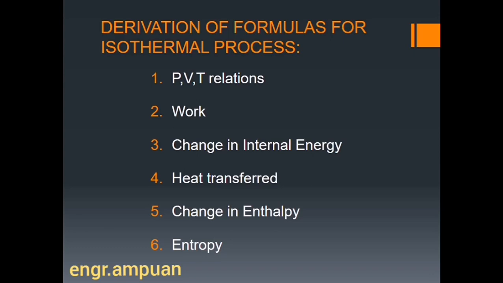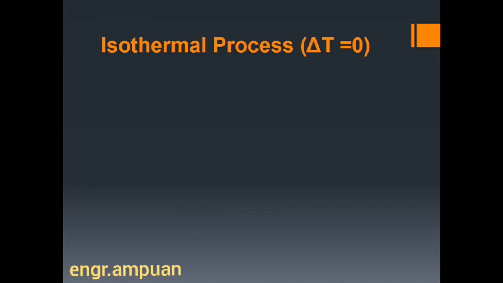Now let's talk about the derivation of formulas for the isothermal process. This is what we are going to derive, to know where the formulas came from. Again, when we say isothermal process, its basic definition says that the change in temperature is equal to 0, because this process occurs at constant temperature.